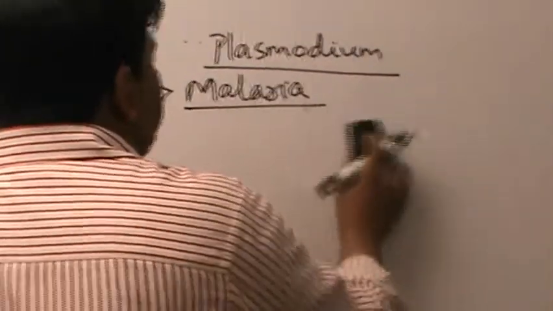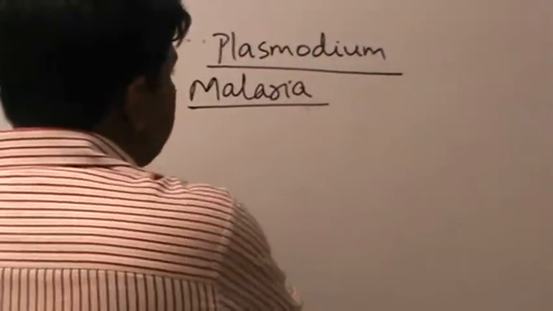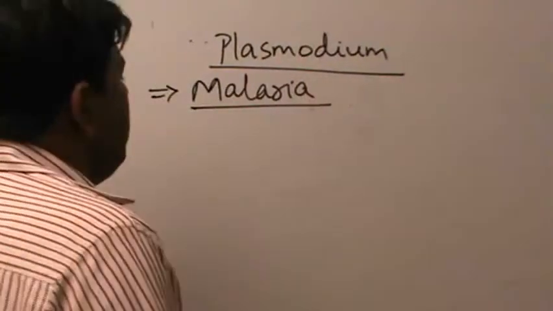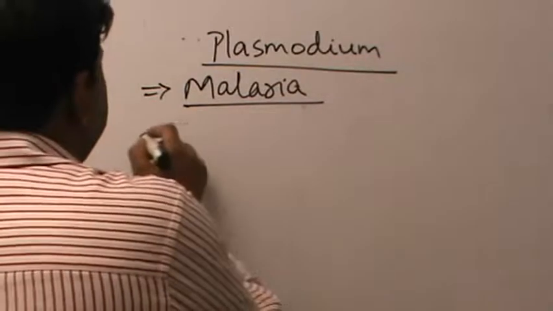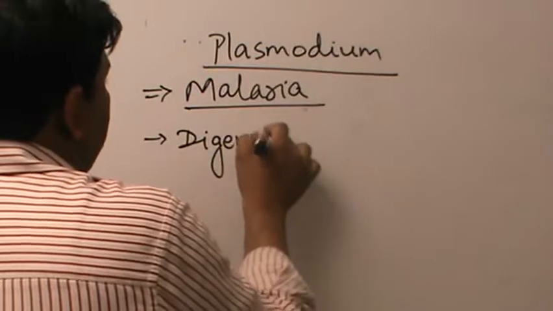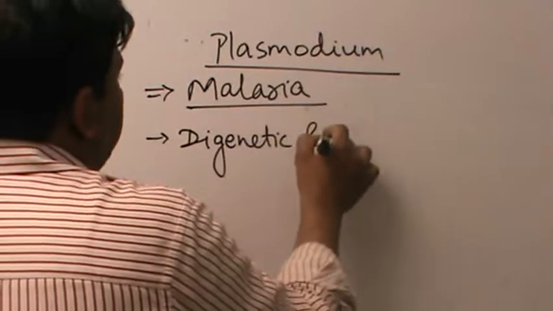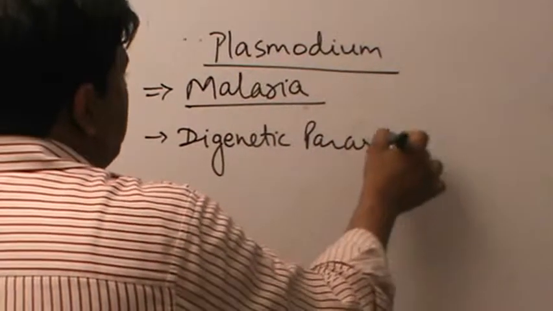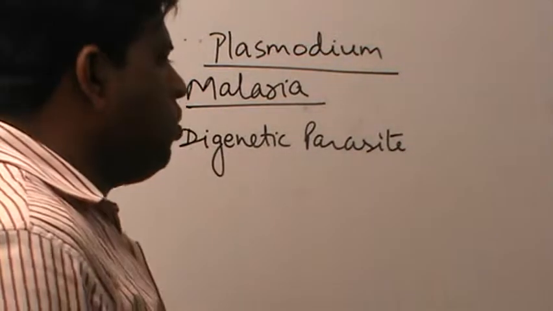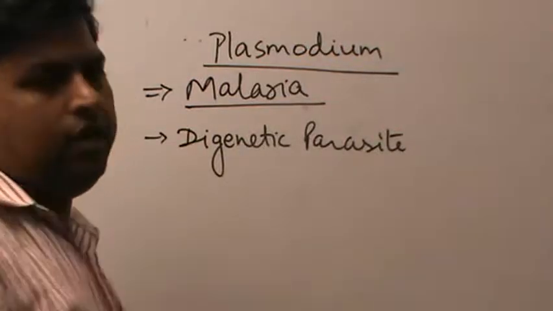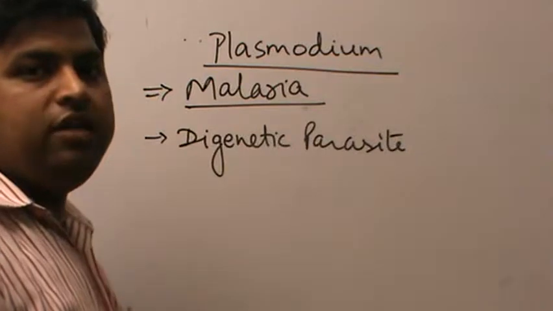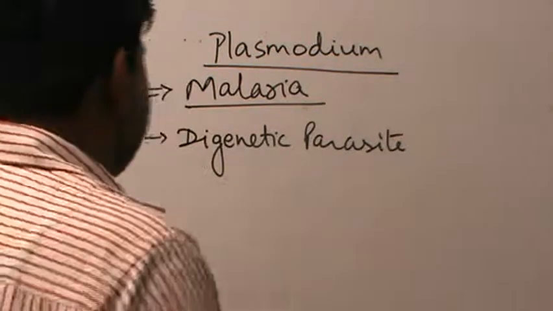The Plasmodium is causing the disease malaria, and it is a digenetic parasite. What do you mean by a digenetic parasite? That it completes its whole life cycle in two organisms. That is why it is called a digenetic parasite.